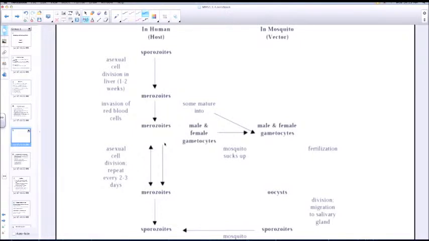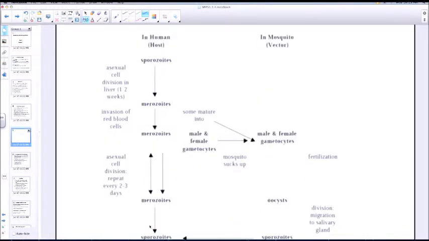The whole idea is that the mosquito here transfers the disease from one host to another host, which had no disease before. So that's the fundamental procedure to understand how malaria is spread.